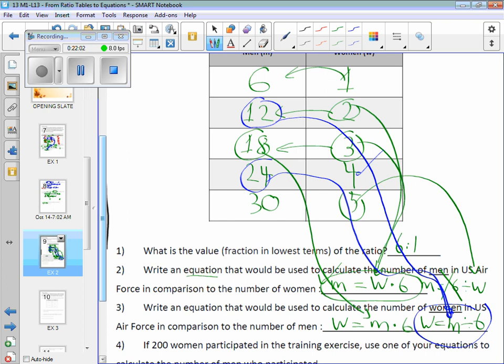So you can also say W equals M times 1/6. But if that's too big of a leap for you and division is starting to make sense, then use the division. My advice to you is anytime you formulate an equation, test it with the values to make sure it works using substitution. If you're not getting the value you're supposed to get, then the equation is not good. You've got to go back to the drawing board and try again.